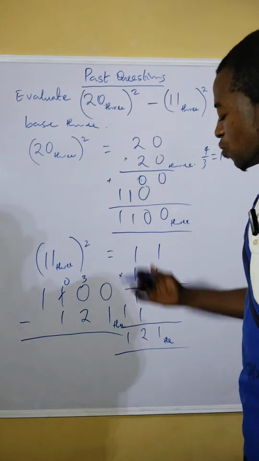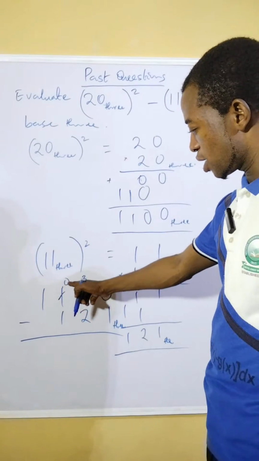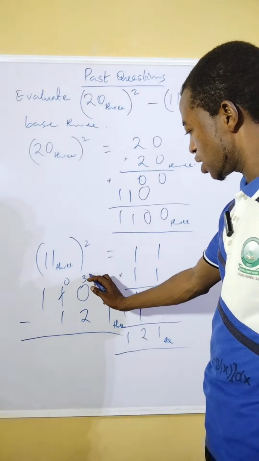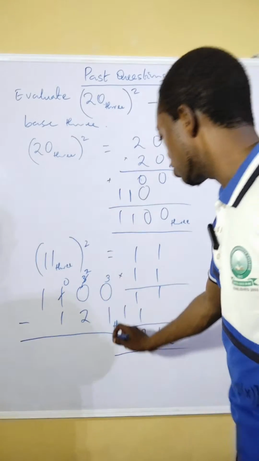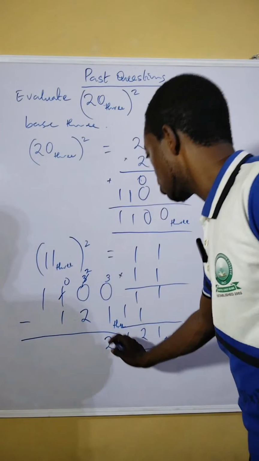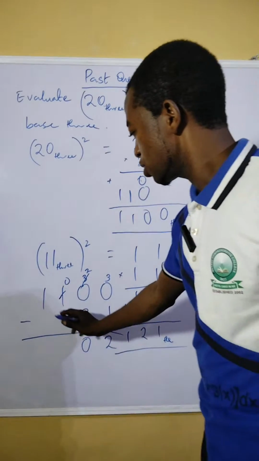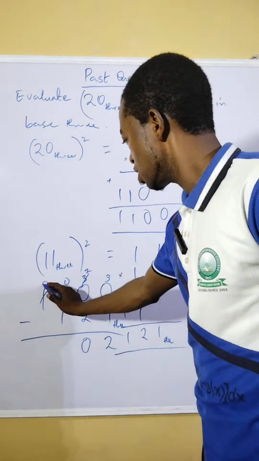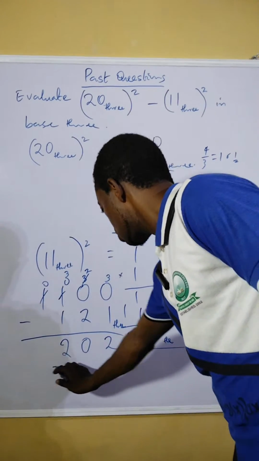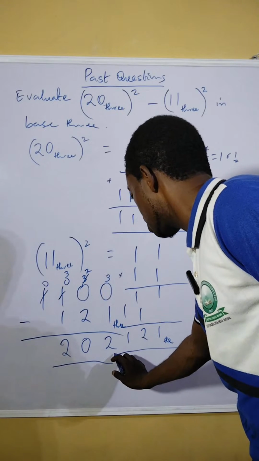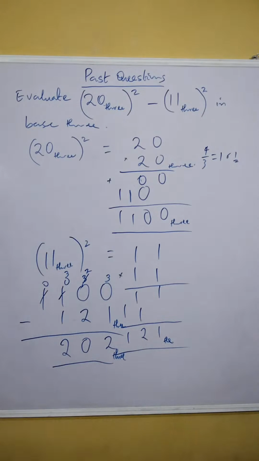Whenever we take 1, it will become the base. So that's why the one we take here become 3 here. Also from here, take 1, remain 2 here, then become 3 here. So 3 minus 1, that's 2. Then here remain 2 minus 2, 0. Here remains 0 minus 1. We still take 1 from here, remain 0 here, then become 3 here. 3 minus 1, that's 2. So here we have 202 base 3. So that's the final answer here.